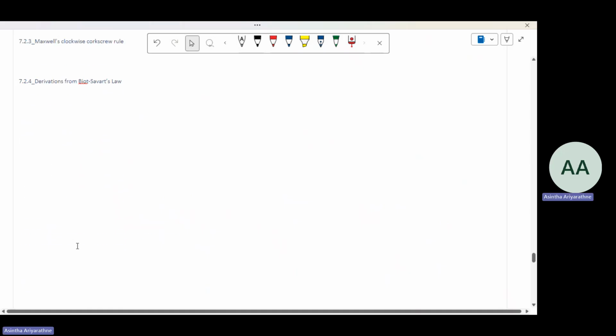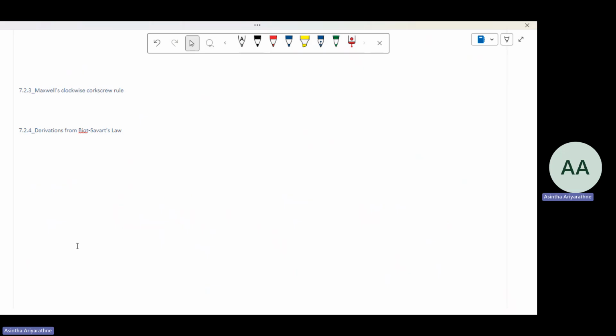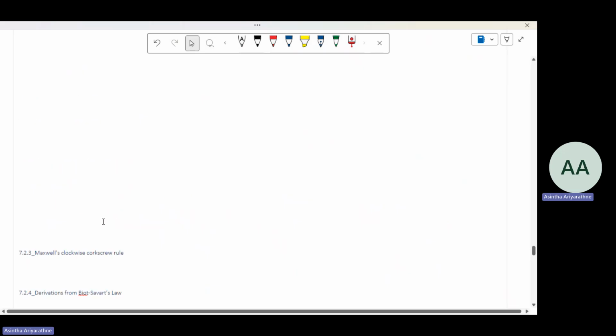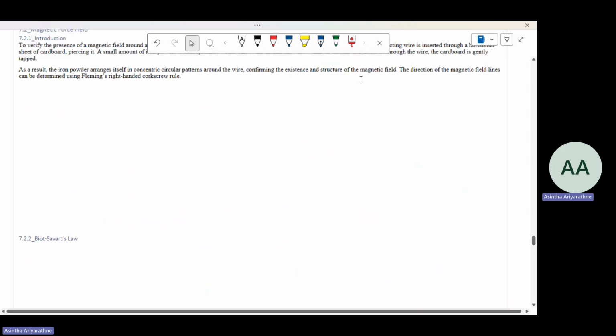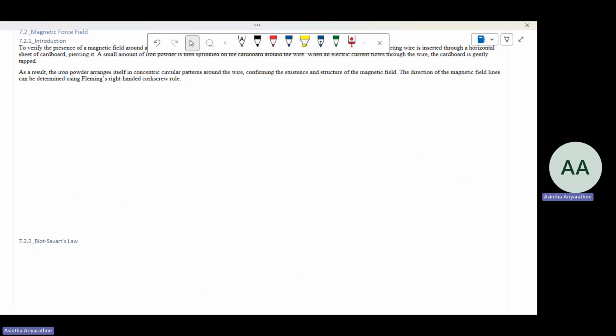Then we can derive some expressions for the magnetic field around a current carrying conductor, as well as a current carrying loop and solenoid, using this Biot-Savart law, which we would discuss in the next section. So thank you.